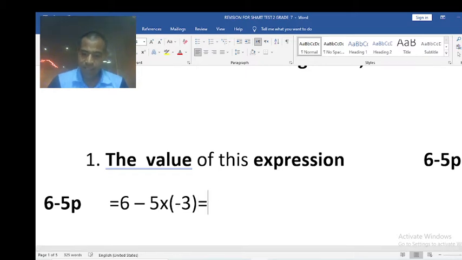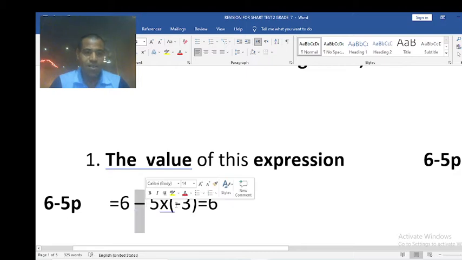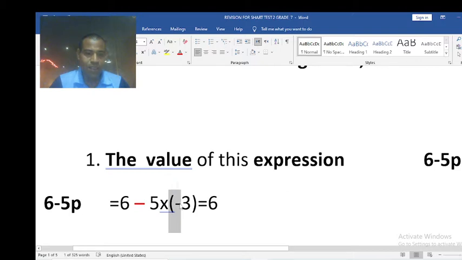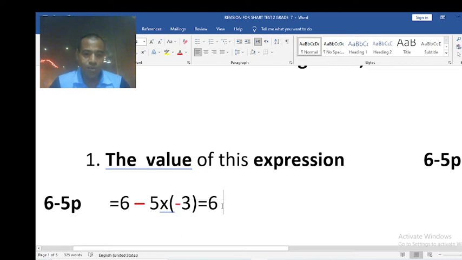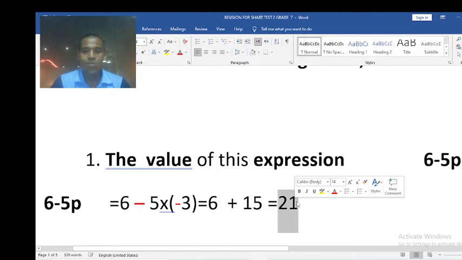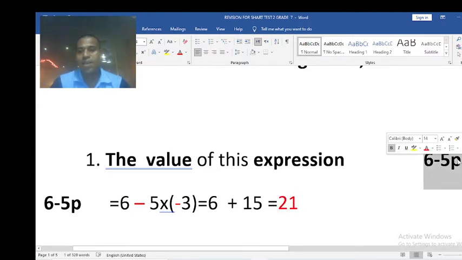I will just write 6, then minus multiplied by minus gives us a positive sign. So it will be equal to 6 plus 15, which equals 21. So the correct answer, learners, is 21. For the value of the expression 6 minus 5p when p equals negative 3 is 21.